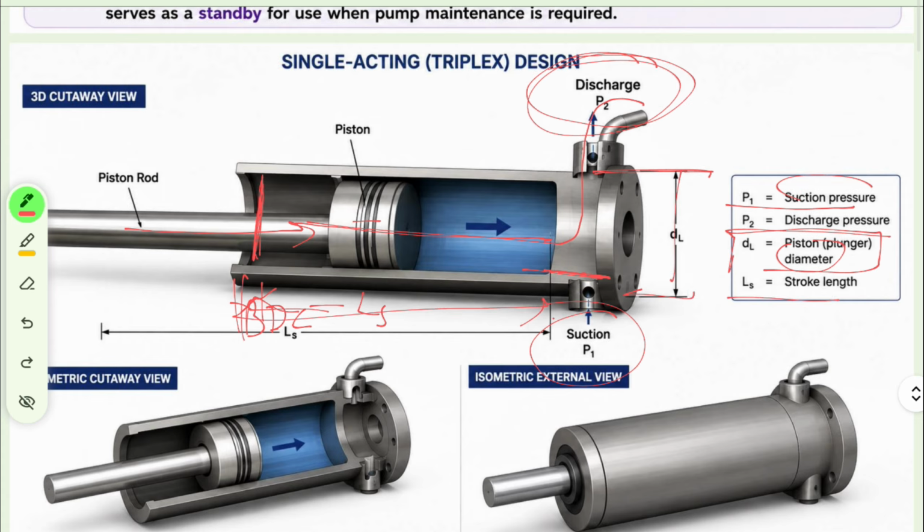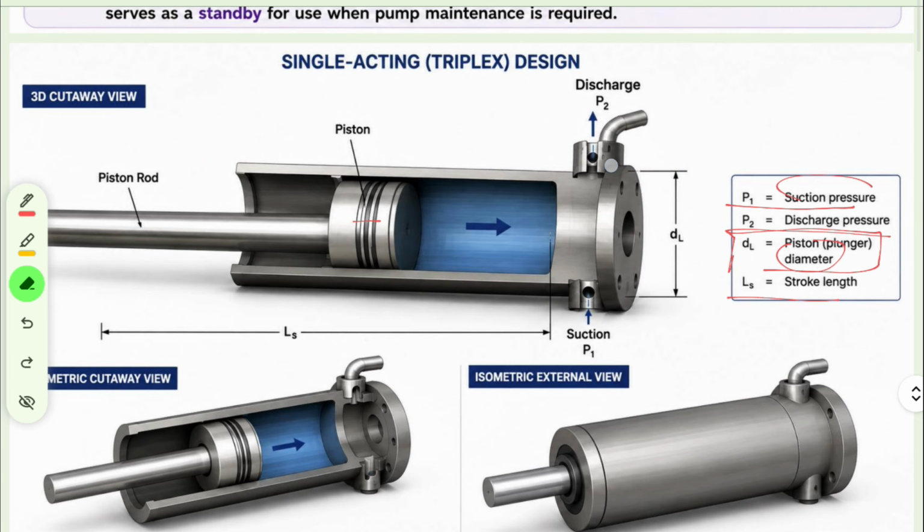So if someone asks the question, in one stroke how much fluid is this piston, or this cylinder, going to discharge, how are you going to calculate this? This is very simple mathematics. We will derive the formula also, so never worry about it.